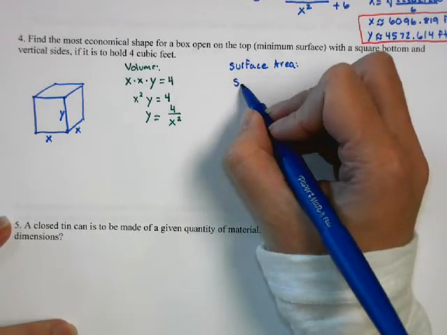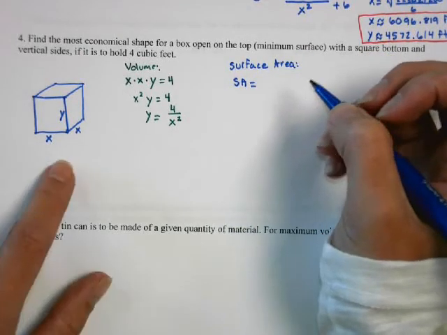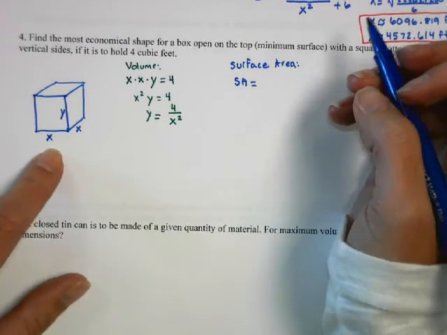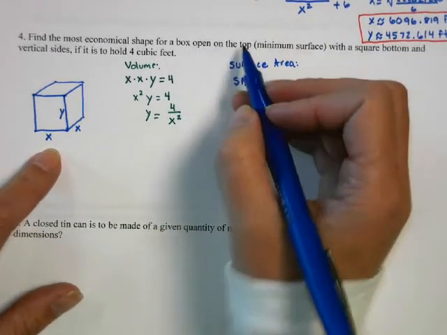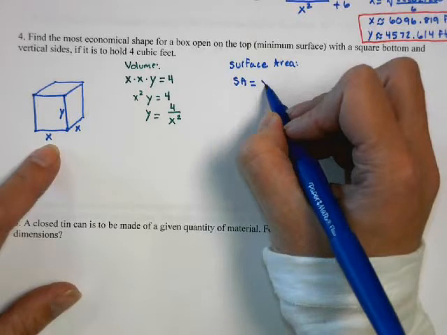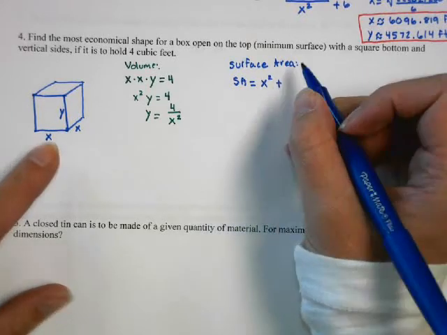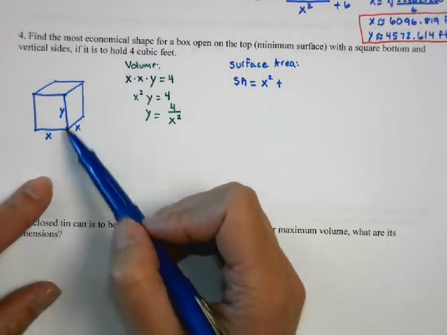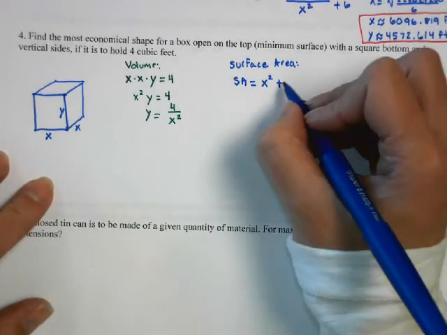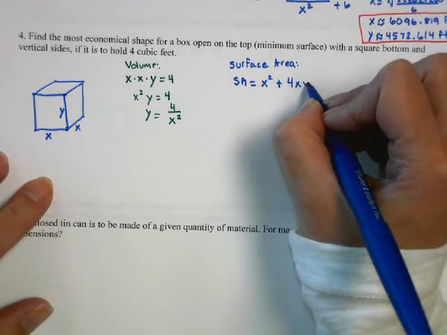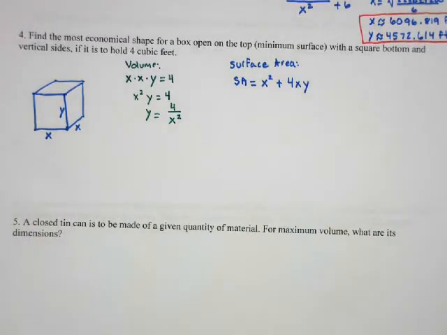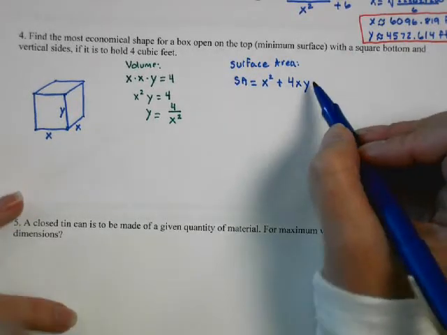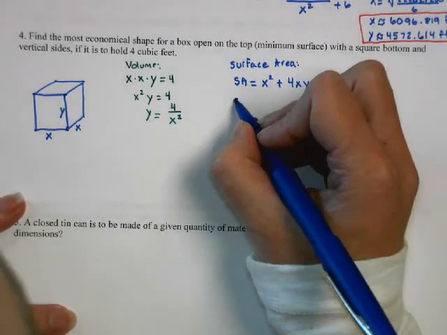So I'm just going to say SA equals. So the surface area, we have one base because the box is open on the top. So there's one surface that is x squared. And then around the sides, we have 4 identical sides that are going to be x times y. So we have 4xy for the other 4 sides. So we're going to take the y, replace it with this.